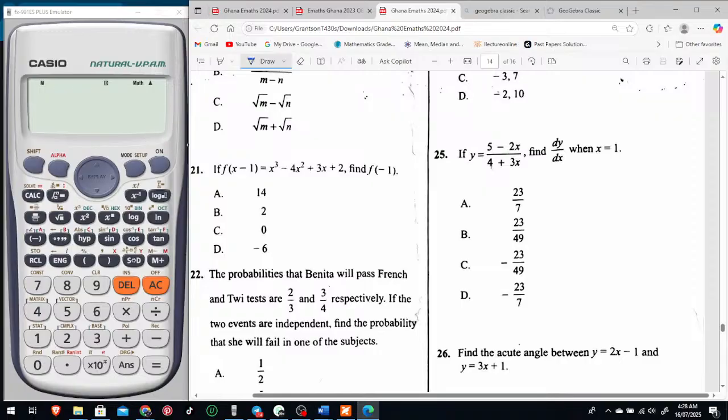So we have f at x minus 1. I was initially thinking that maybe when we put the value of x minus 1 we'll get the answer, but it seems it's not so. Maybe alpha x.